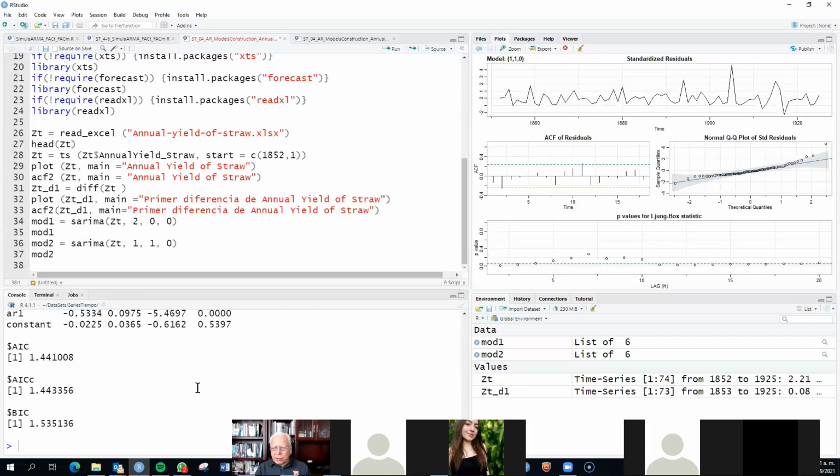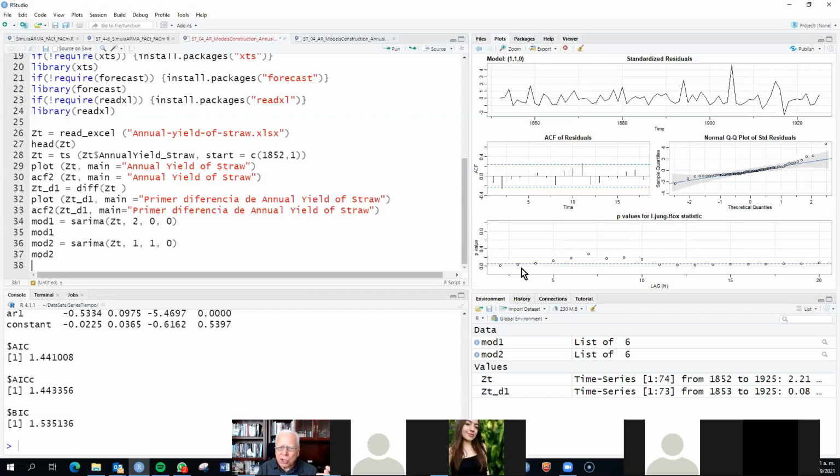I haven't looked at the coefficients here, but I'm focusing on the results of the model. For this model 2, with one difference, I have several very small p-values of the Ljung-Box statistic, which means there is strong evidence to reject the hypothesis that there is no autocorrelation in the first few residuals.